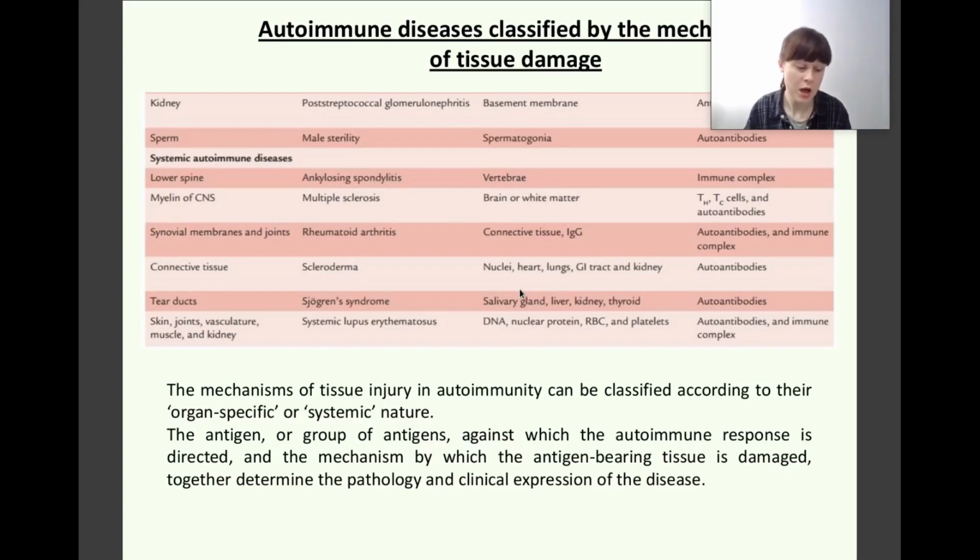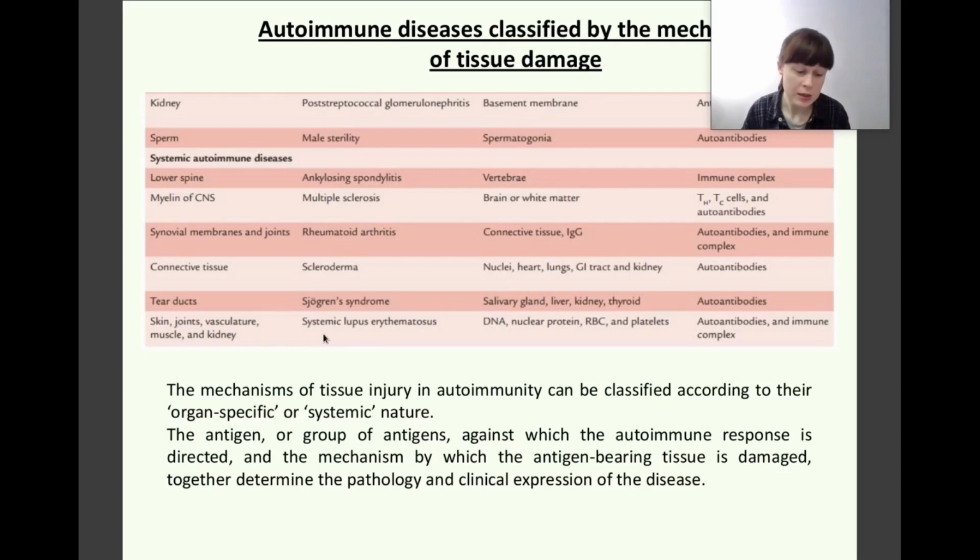In the conventional autoimmune diseases, the tissue distribution of the autoantigen to a large extent determines whether the disease is organ-specific, like this one, or non-organ specific. For example, here is lupus erythematosus, an excellent example of a systemic autoimmune disease.